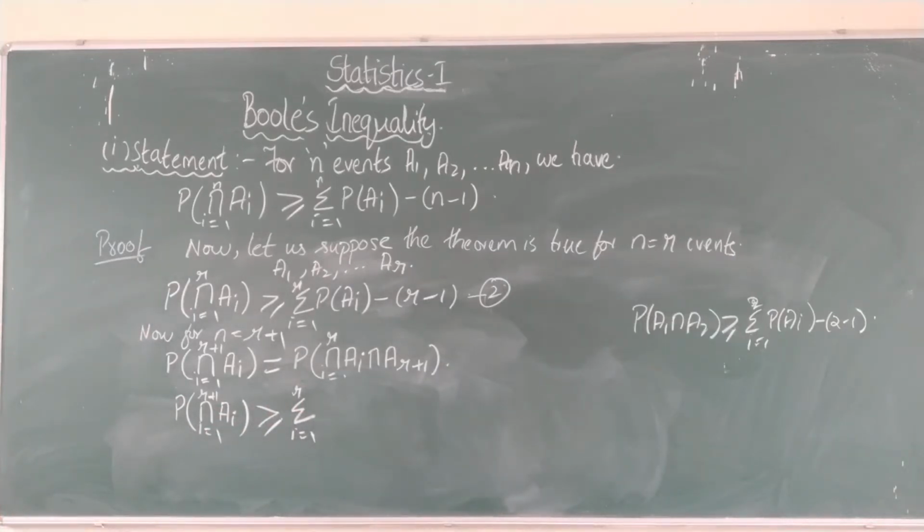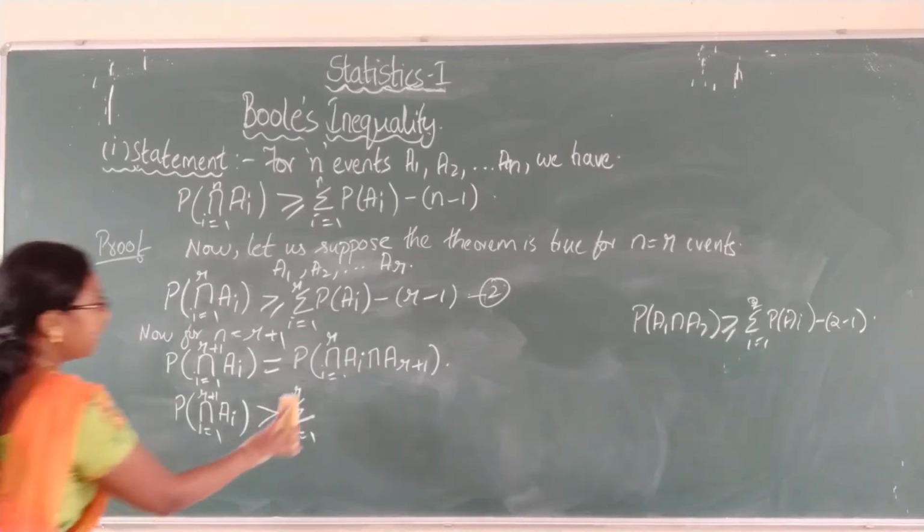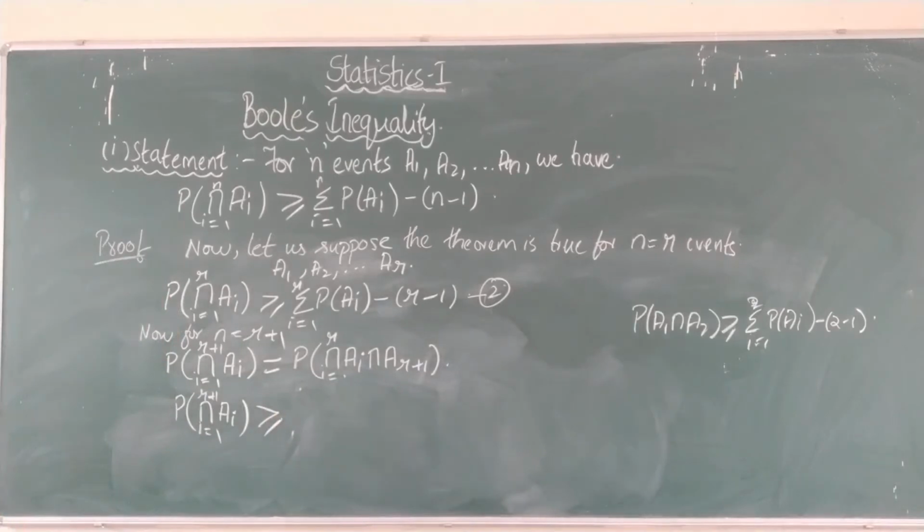Sorry, one second. Before writing the summation, we can write the two terms, right? That is P of A1, P of A2, like that, or you can write the summation term also. Instead of writing the summation, take two terms, because a second time also we have to expand.